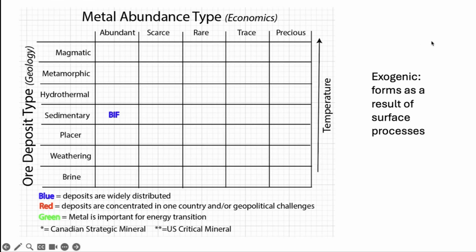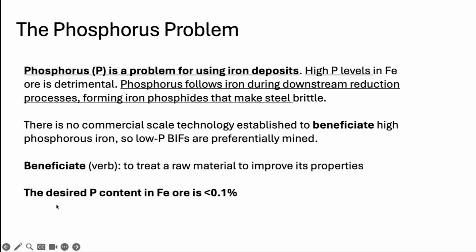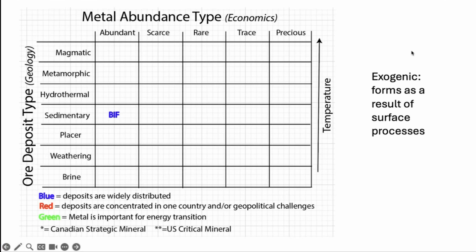Now, these I would lump as exogenic processes, exogenic mineralization processes. So exo is on the outside, so the Earth's atmosphere, the hydrosphere, the soil, biology, all of these things are the players in the exosphere, so that are associated with exogenic ore deposits. And I can distinguish those from endogenic, things that are happening inside the Earth in the absence of microbial activity or the hydrosphere or the atmosphere.